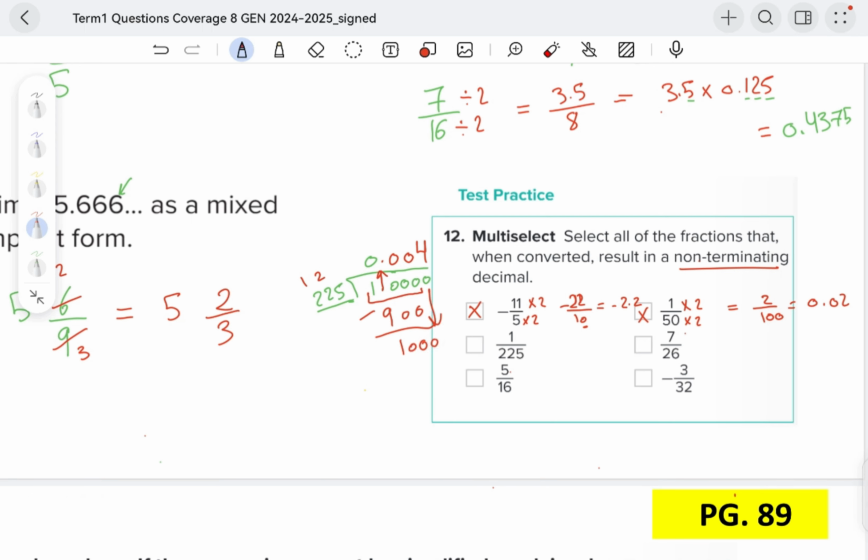It's 1000 back again. 1000 divided by 225, it will be 4. 4 times this number, we have 900. Subtract, the remainder is 100. Bring down 0 again. So as you can see, we have a repeating digit. The 4 keeps repeating. So this is a repeating decimal.